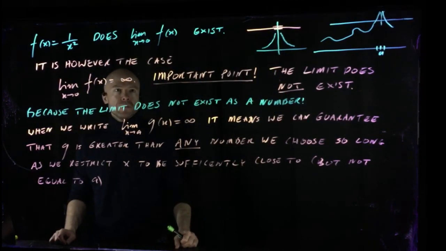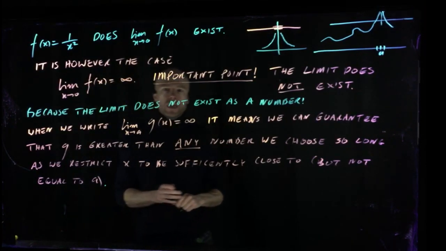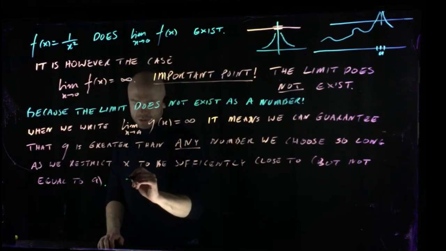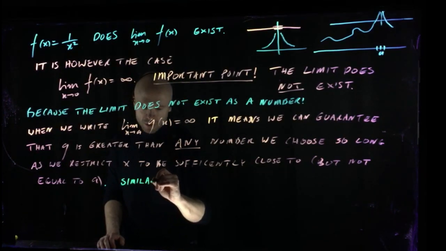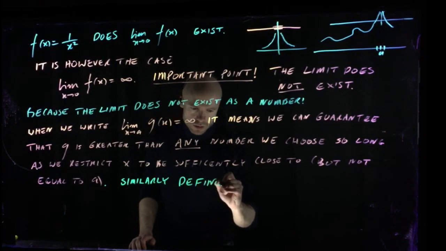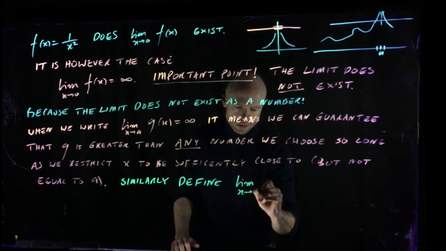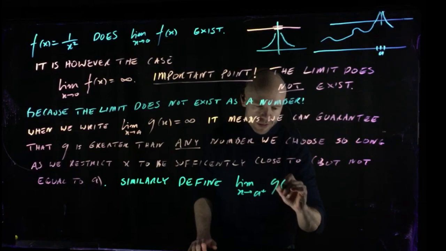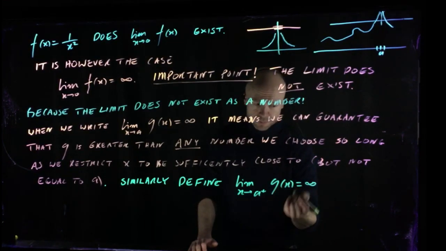All right, so we can also define left and right-sided limits. So I'll simply define the limit as x goes to a plus, g of x equals infinity, or a minus.